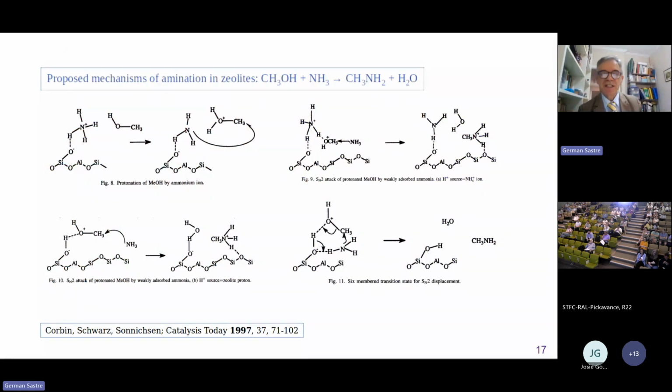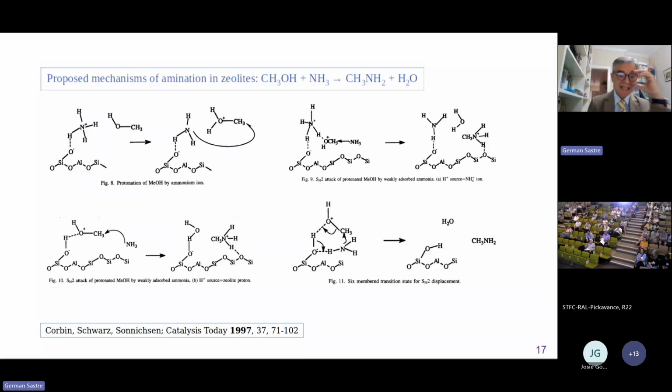Okay, so the other one on the top right is a slightly more complex mechanism, in which protonated methanol is attacked by a molecule of amine, not absorbed as an ammonium, but on the other hand, interacting with this methanol, interacting with ammonia.